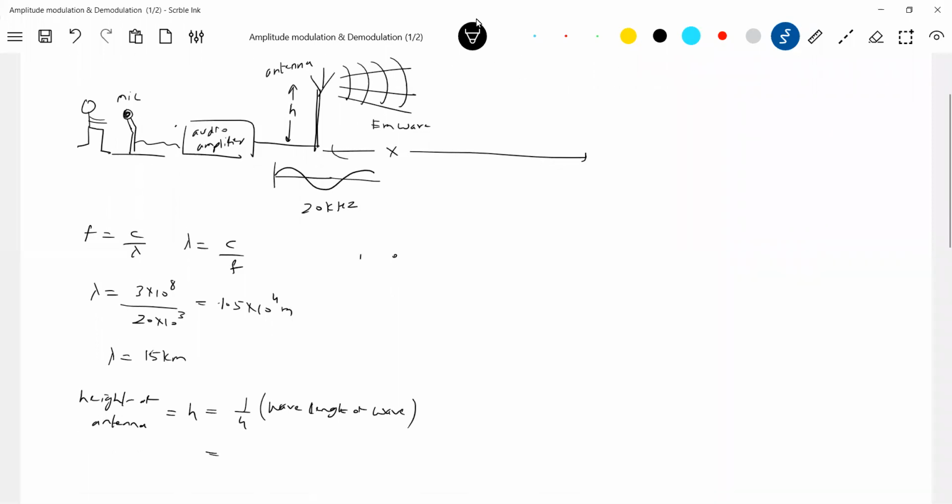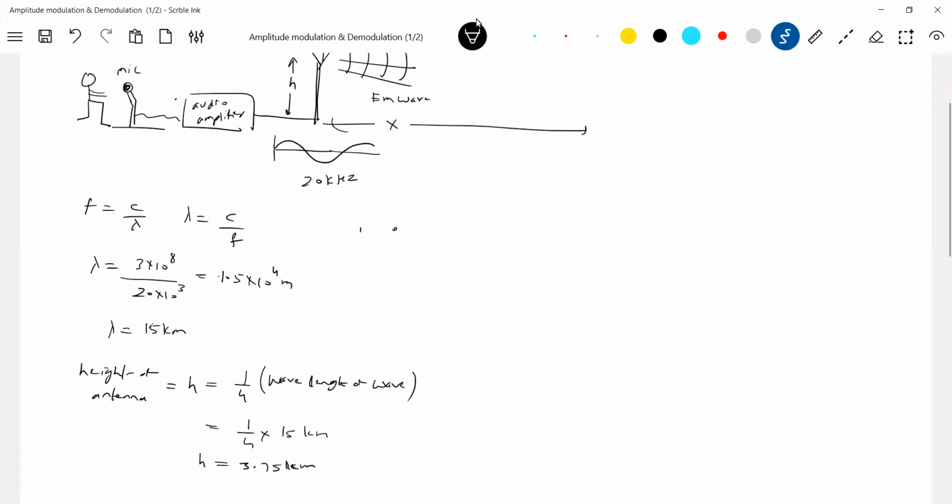So 1/4 into 15 kilometer will become 3.75 kilometer. So this is the height needed. Can we construct such an antenna? And can we maintain it? Not possible, no?